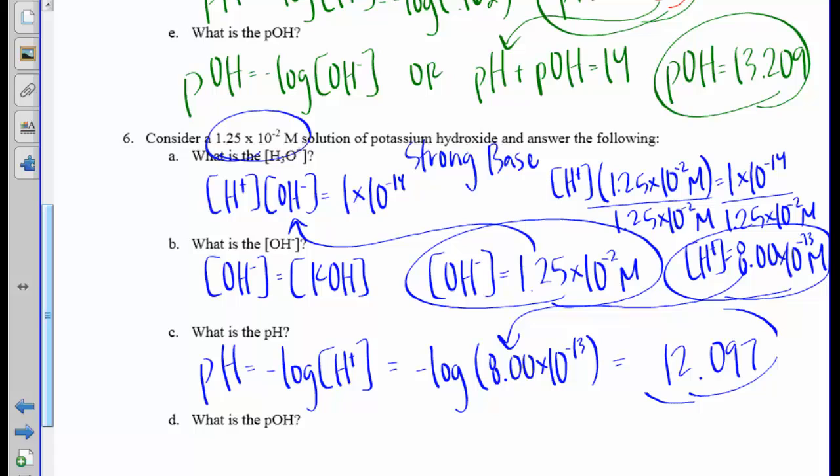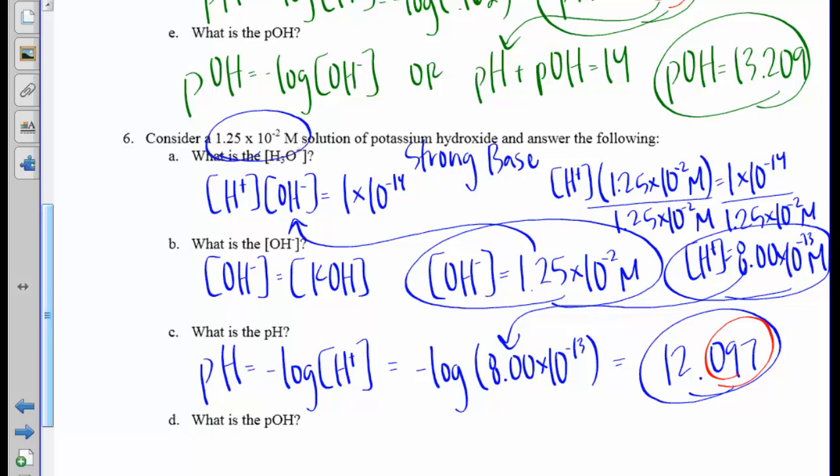And so when I solved that, I got the pH to be 12.097. Again, remember that quirky thing with sig figs, so we look at how many sig figs we have in our concentration values. We see 3 sig figs in our concentration values, so that is the number of decimal places that we should have in our pH and pOH values.